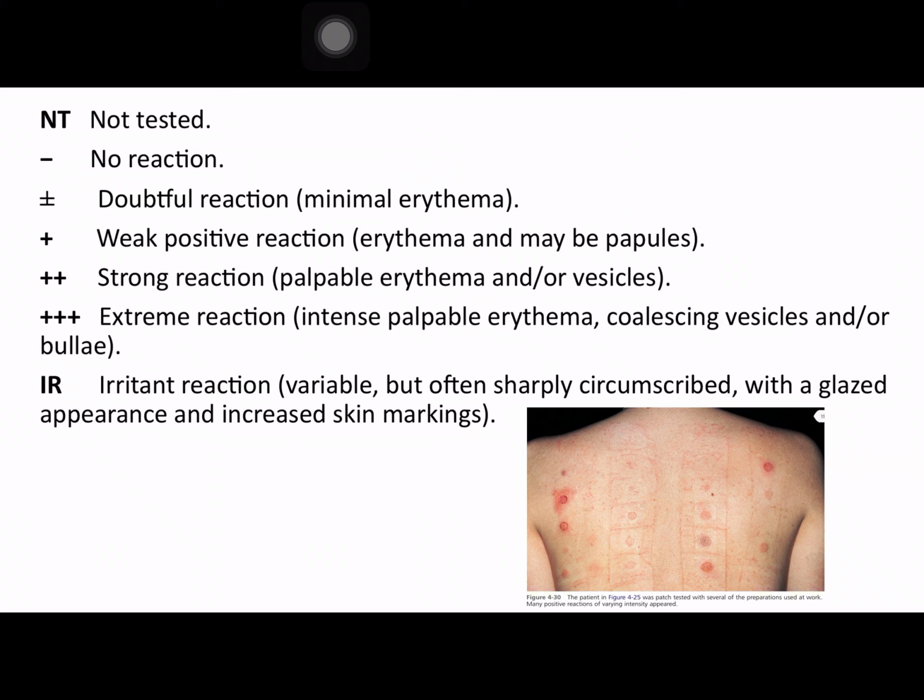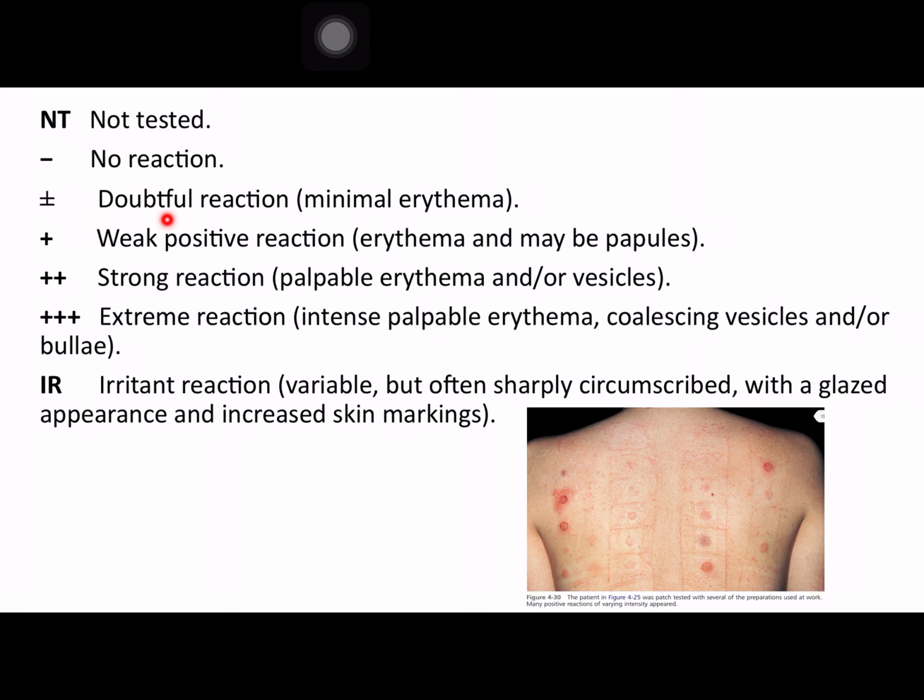The result is recorded as a score. NT means not tested: the patient did not do the test exactly, or there was some disturbance in the method of the allergy test. Negative means no reaction, no changes.